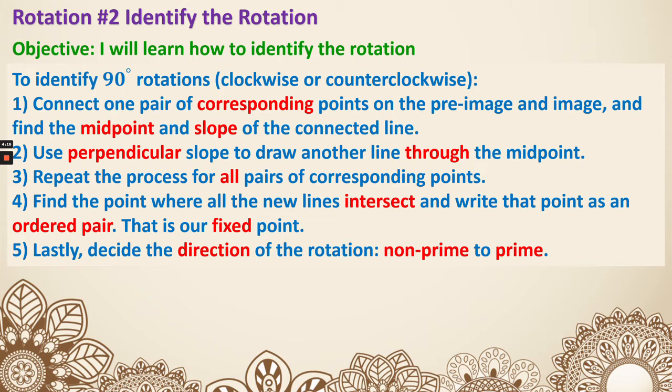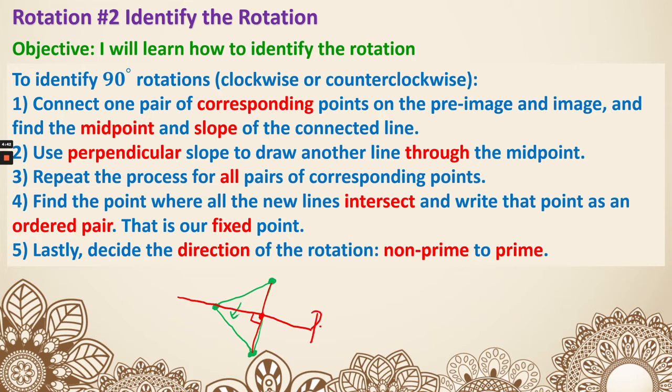So if you recall, for example, here's a point, and that's the center of rotation, and this point is being rotated to here. Something you may not know is that if you connect these two points, there's a midpoint, and the center of rotation is for sure going to be on the line that is perpendicular and goes through the midpoint.